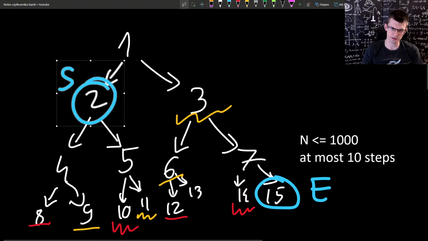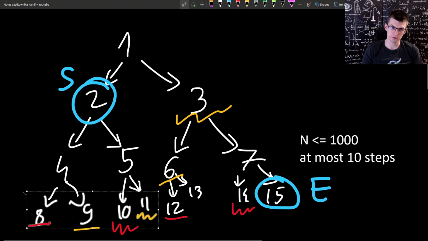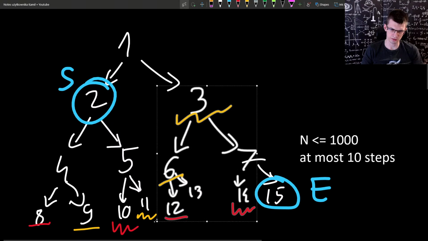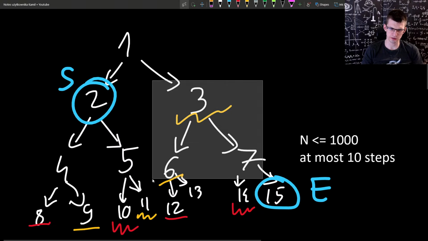From this vertex, you can get to any of those leaves. They should allow you to kind of immediately jump to anywhere here. What if they allow me to jump to anywhere here?